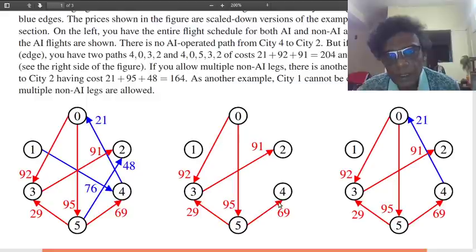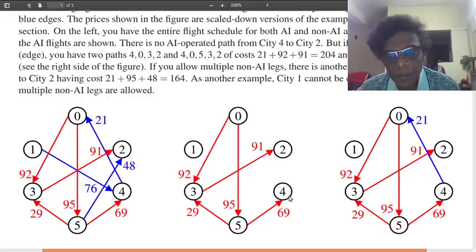Okay. But you see that there are several troubles. Air India, for example, cannot connect 4 to 2. So in that case, if you are allowed to use non-AI legs, then possibly you can connect the routes that are not serviced by AI.